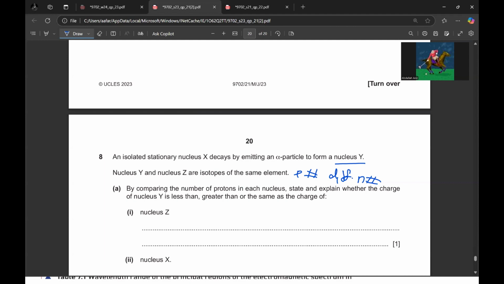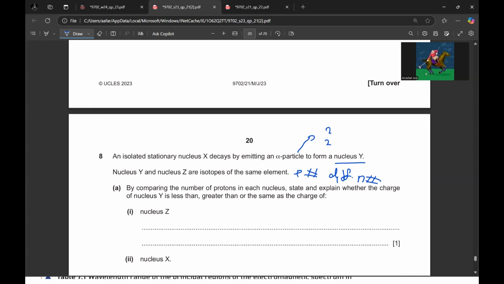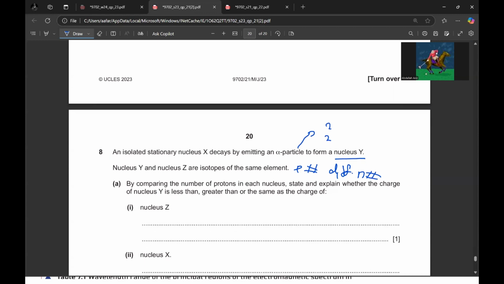So you know that X decays by emitting an alpha particle. What is an alpha particle? An alpha particle is basically a helium nucleus. So it has 2 neutrons and 2 protons. So X basically lost 2 protons.